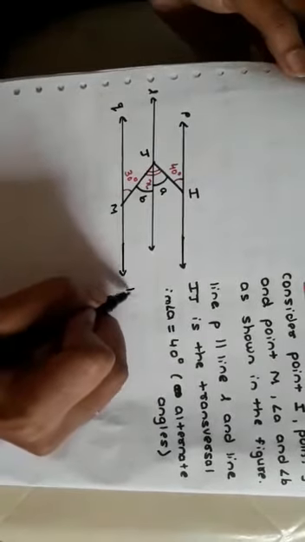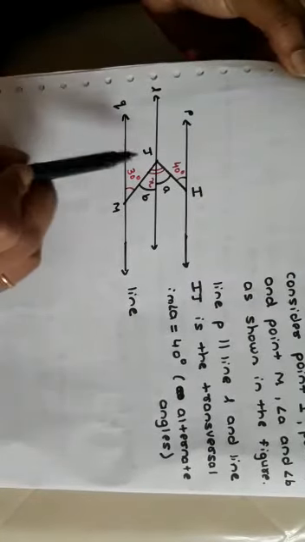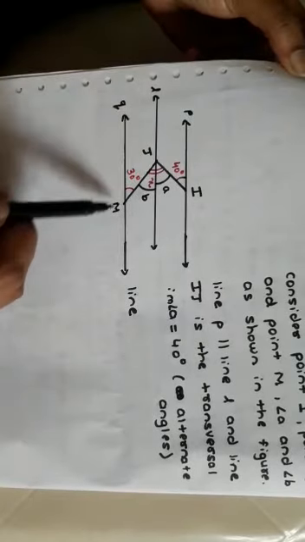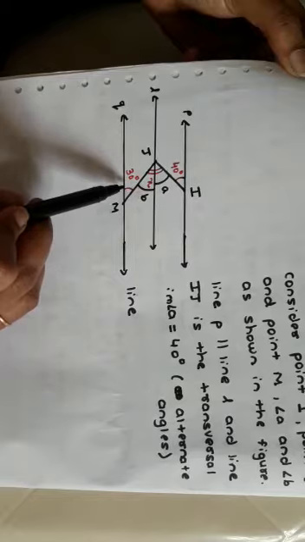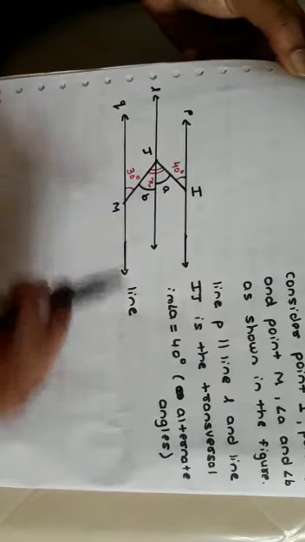Similarly, line L is parallel to line Q and line JM is the transversal. So B is equal to 30 degree. The same reason, alternate angles.